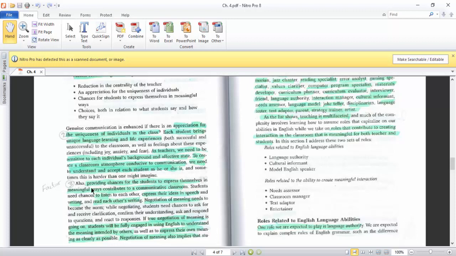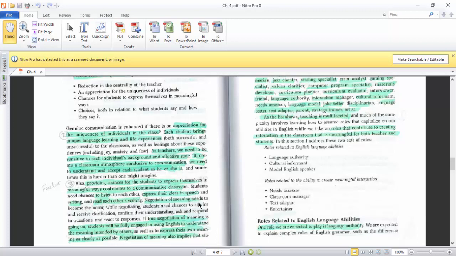The third factor is providing chances for students to express themselves in meaningful ways, which contributes to a communicative classroom. Students need chances to listen to each other, express their ideas in speech and writing, and read each other's writing.